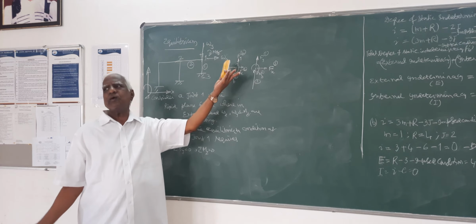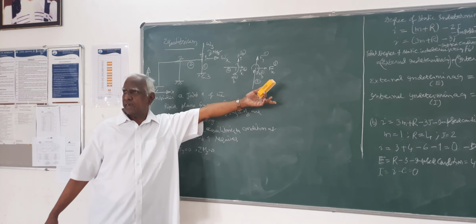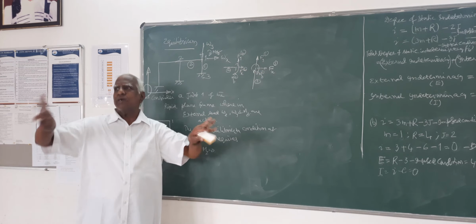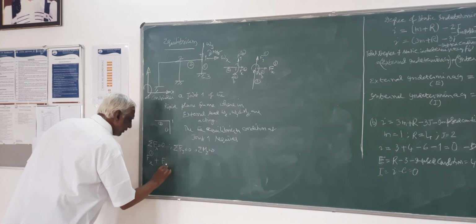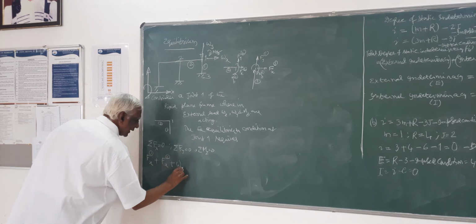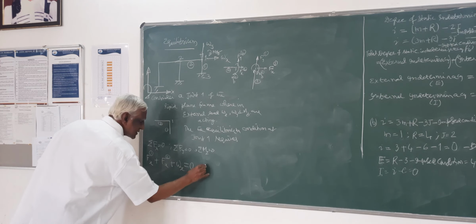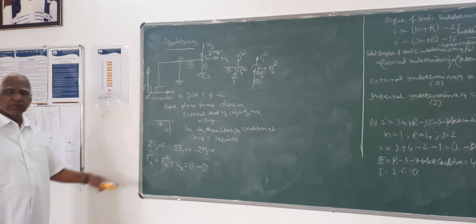If it is opposite, you take it opposite. After analysis, if it happens to be negative, keep it negative, or if it is 0, take it as 0, that's all. Fx1, then Fx2, then plus Wx is equal to 0. This is the first equilibrium condition at joint 1.